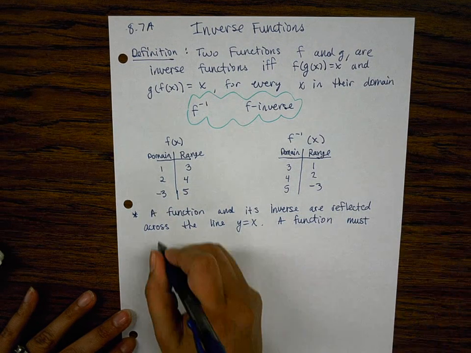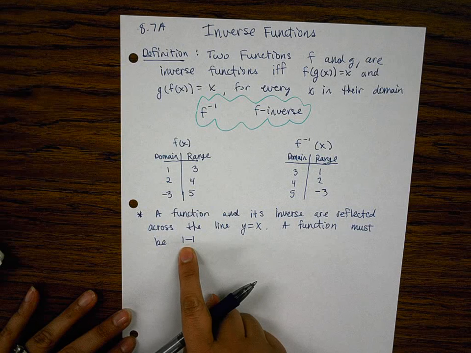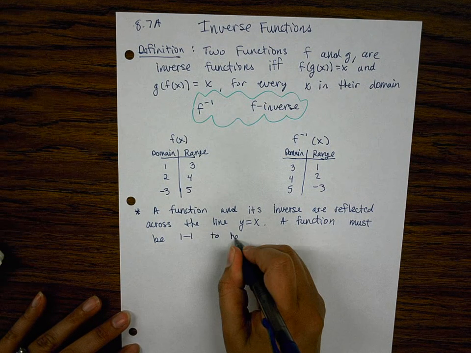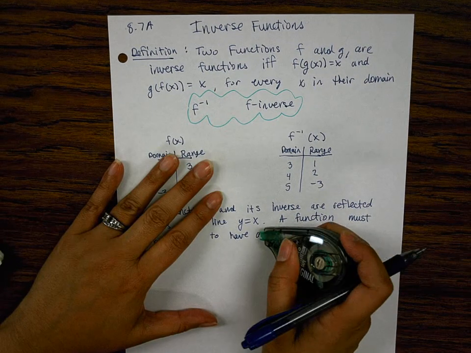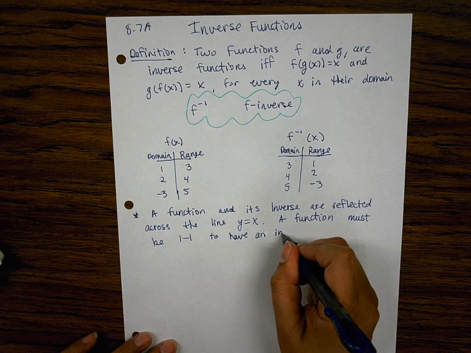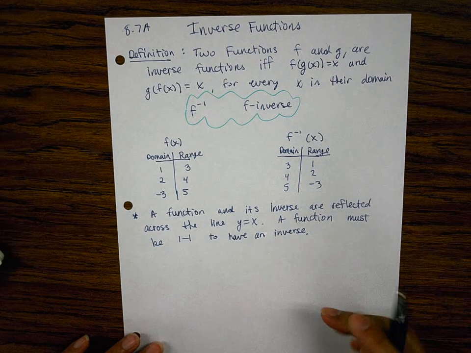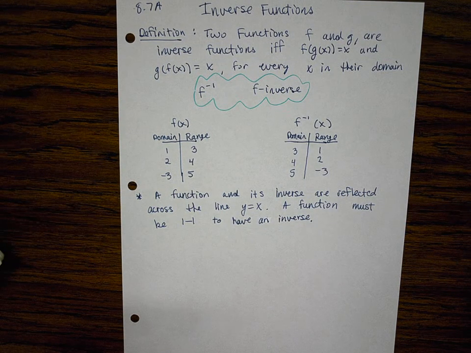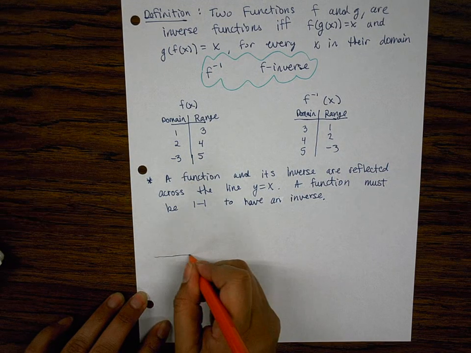A function must be 1-to-1. That's the way I'm going to write it, 1-1, must be 1-to-1 to have an inverse. And I'll show you what that means in just a bit. So, not all functions have an inverse. They have to be 1-to-1.